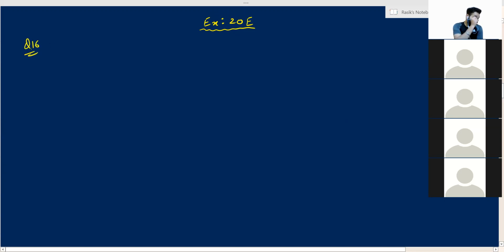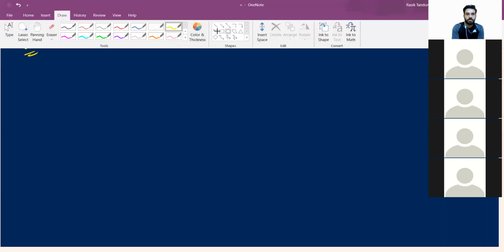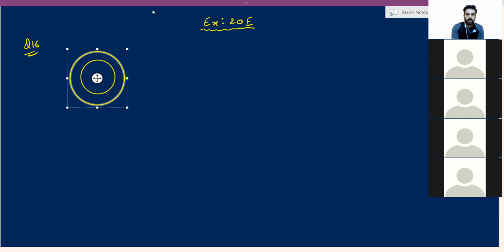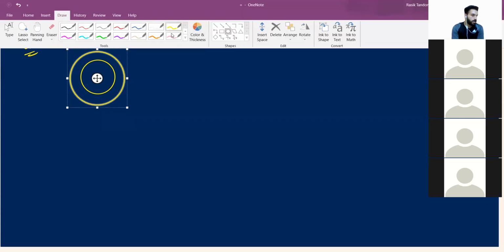A well of diameter 140 centimeters has a stone parapet around it. So there is a well, and there is a stone parapet, that means a boundary around the well.